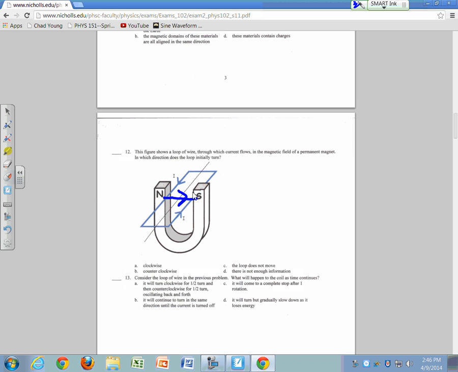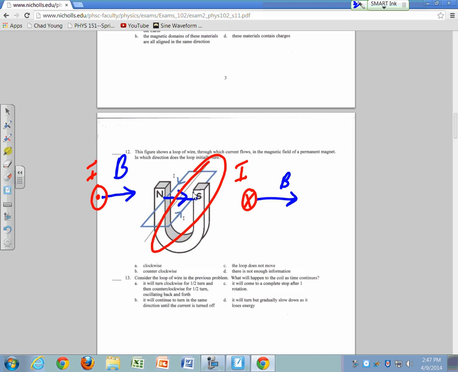So that is my magnetic field. It's a vector that goes in that direction. And my current is a vector that goes into the page. That's just looking at the right-hand side of the loop. You could do it for the other side as well if you wanted. It would have a magnetic field in that direction and a current out of the page.